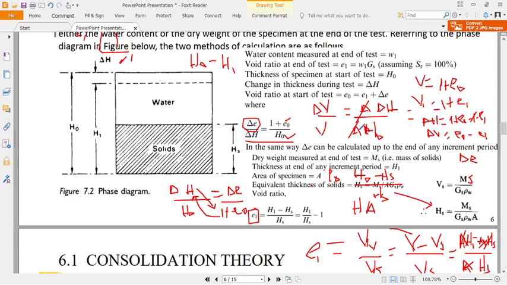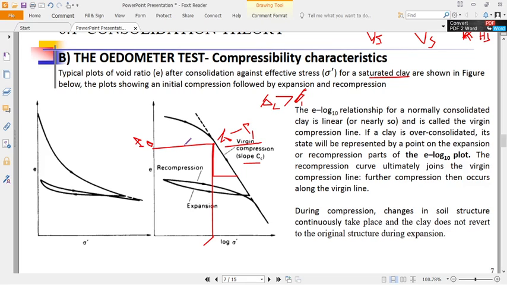Let's go back to our plot. Let us assume this. We have plots. You have here this point, and it stands for e naught, which represents log effective stress naught. Then we go to e1, a plot on this one.